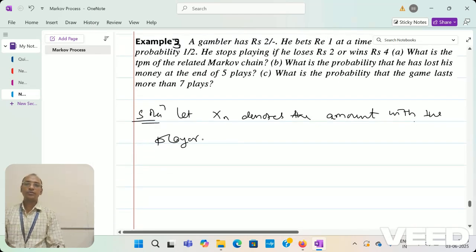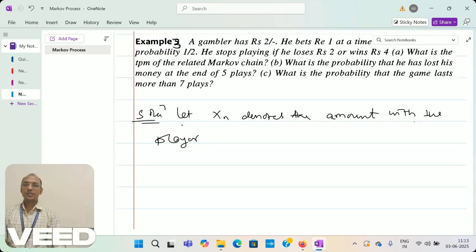In order to solve this one, let us find the state space. What is the state space? So here we can say let Xn denote the amount with the player at the end of the nth round of play.